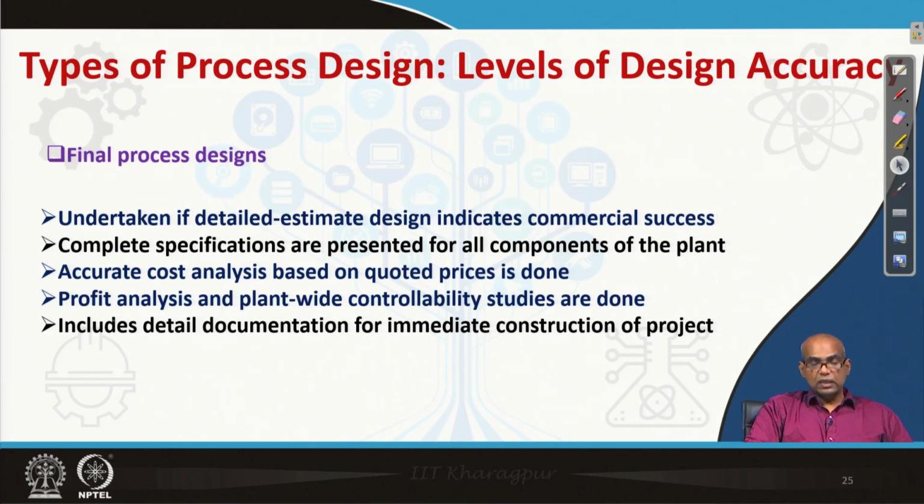It will include detailed documentation for immediate construction of the project. So, final process design will have all detailed information for the construction of project. So, this contains the highest level of design accuracy.